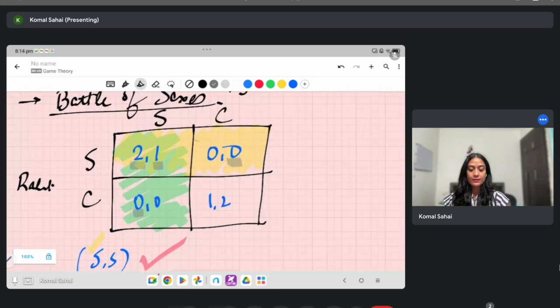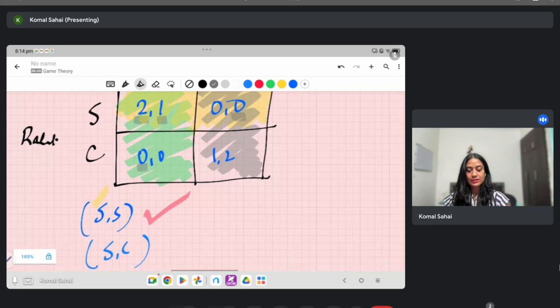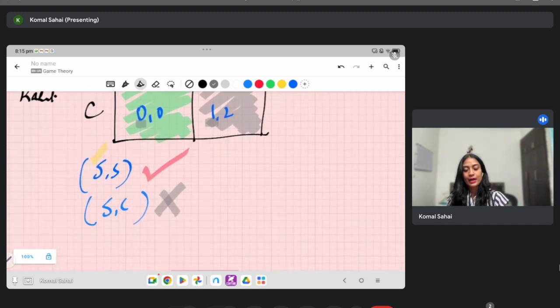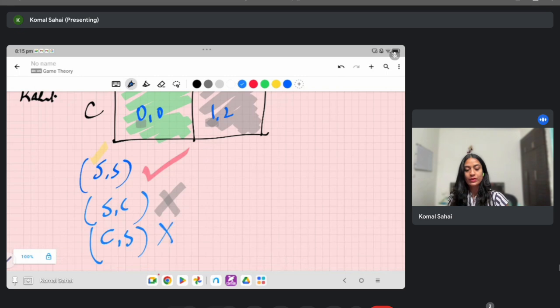If player 1 follows his equilibrium strategy according to this action profile, going to stand up while the other player is going clubbing, then the payoff is 0, whereas deviation will mean a better payoff. So instead of sticking to stand up, if Anjali is going clubbing, he should just go clubbing. That will be better. So we found that a single player deviates, so it is not an equilibrium strategy. The same argument will apply, and you will see that C, S is also not an equilibrium strategy.